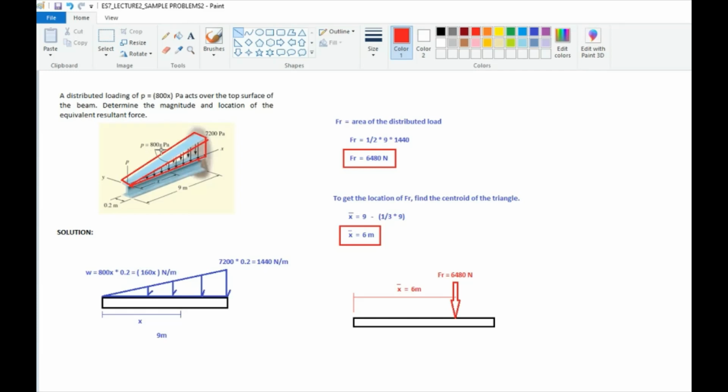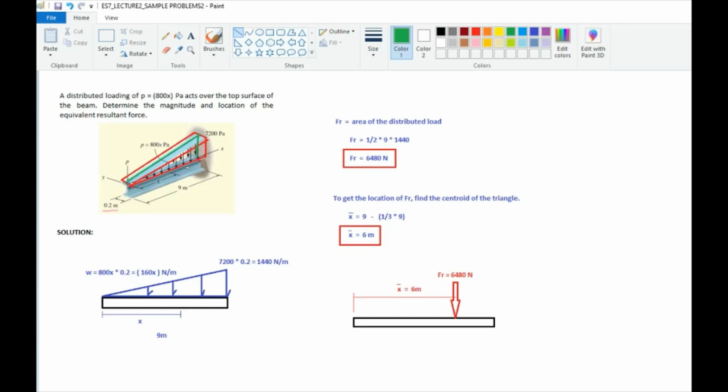Okay? So, yung 800x pascal, yung width niya is, ito, sabi, 0.2. Kaya, when we multiply 800x by 0.2, we will get yung load na, kumbaga, nasa gitna. Ito, nandito na yung loading.